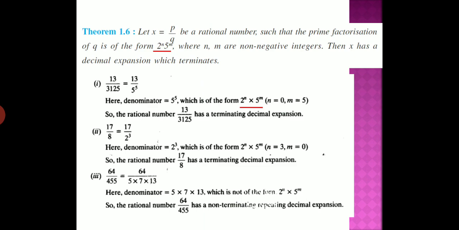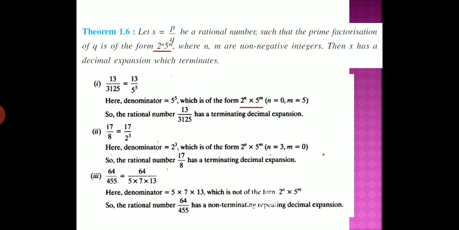The prime factorization of 3125 is 5 power 5. So here the denominator is 5 power 5. In the theorem it is given 2 power n 5 power m. Here n is 0, so it is in the form 2 power n 5 power m.